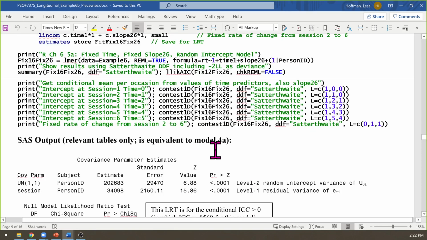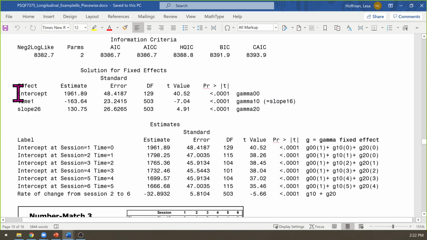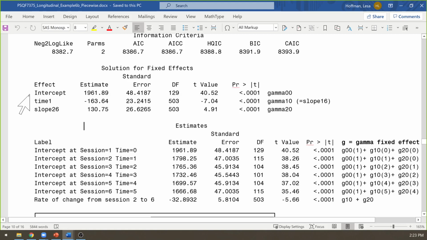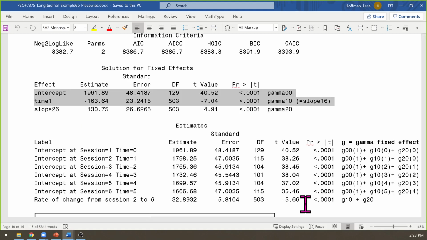We end up with our random intercept model to start with. And here are the coefficients. So the first two were exactly what we found in the previous model. This piecewise slopes model predicts that at session 1, which is when both of these predictor variables are coded 0, people take an average of 1961 milliseconds to do this task.